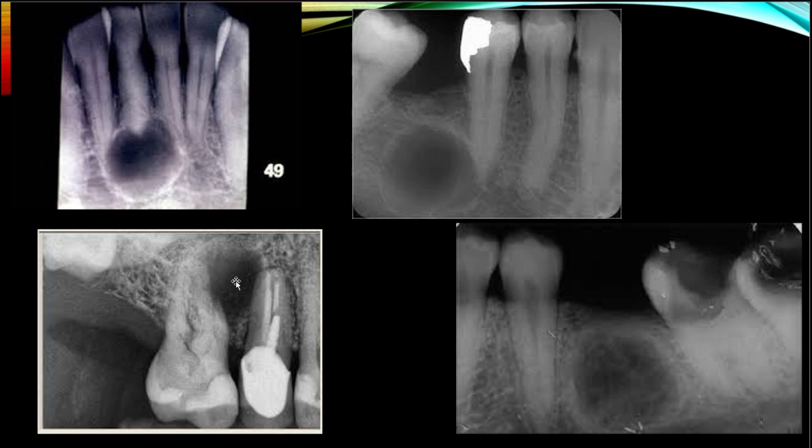Here, apicectomy. So, we can go for extraction and enucleation, enucleation alone, RCT, endosurgery, enucleation of the cyst, and apicectomy. So these are the treatment options that we have for radicular cysts.